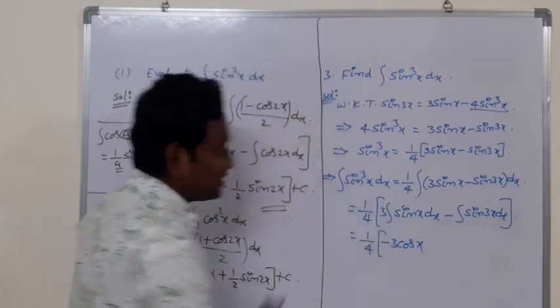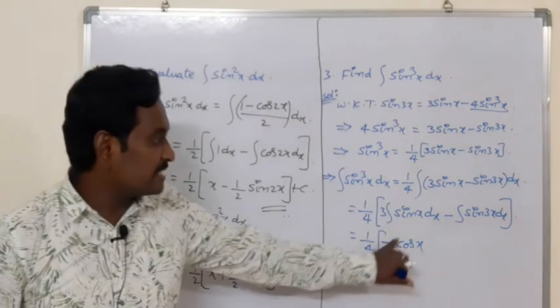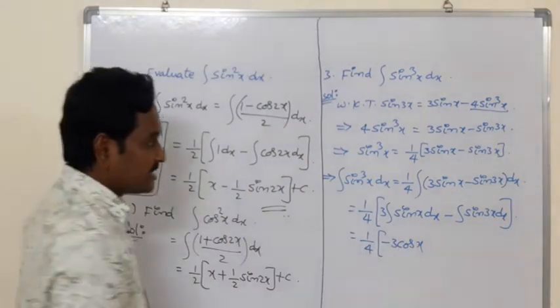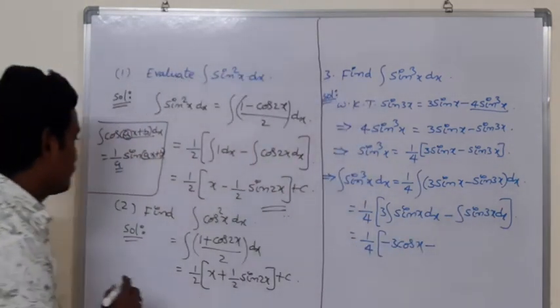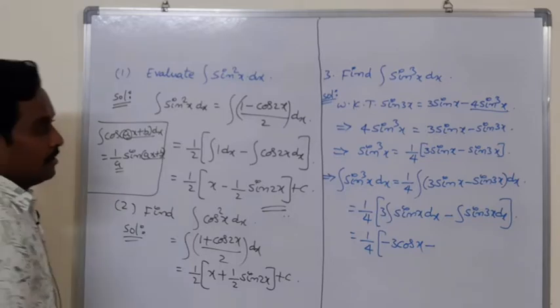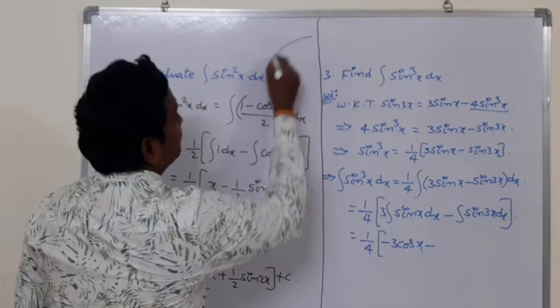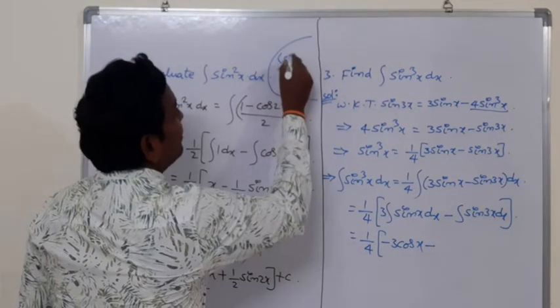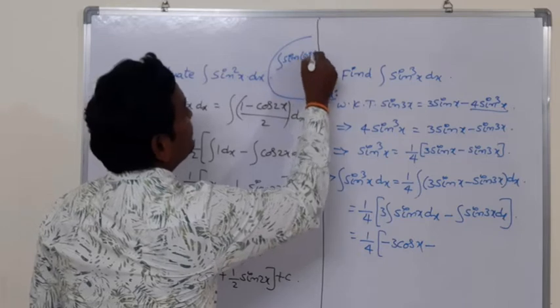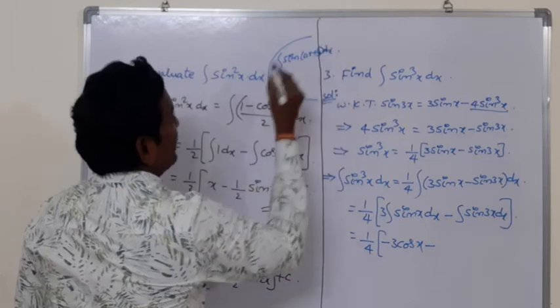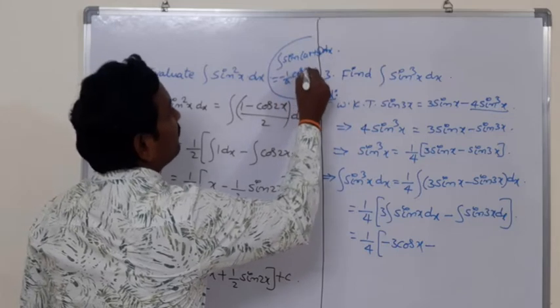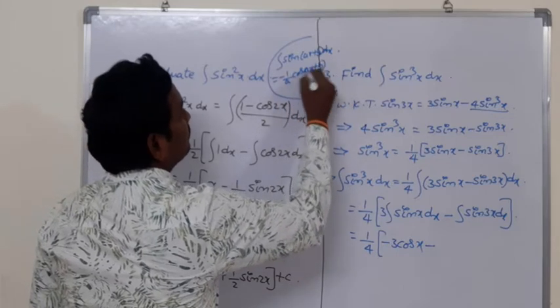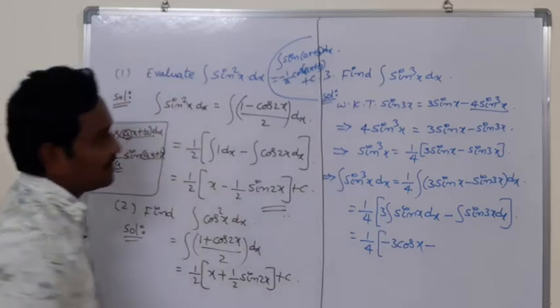Already 3 is there, that's why you will get minus 3 cos x in the first part. Next, minus, what about sin 3x? We know that integration of sin of (ax plus b) is minus 1 by a cos of (ax plus b). Integration is completed, so write plus c.